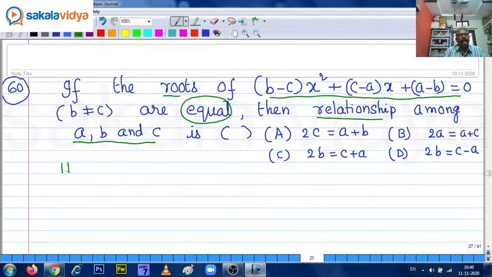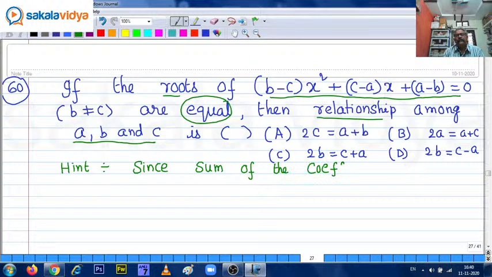See the hint. Since the sum of the coefficients equals b minus c, x square coefficient, plus c minus a, plus a minus b, B gets cancelled, C gets cancelled, A gets cancelled, 0.